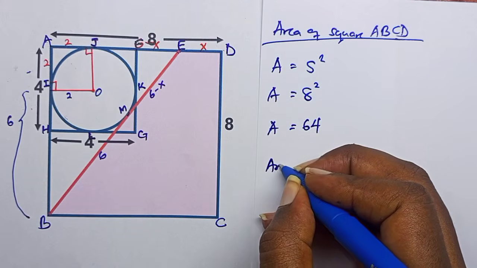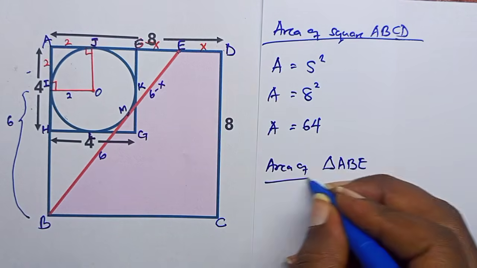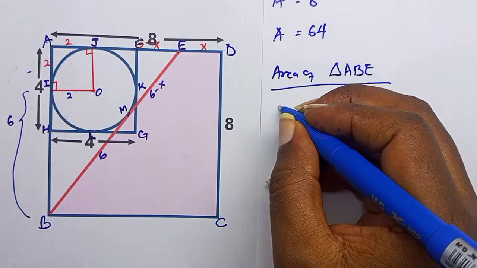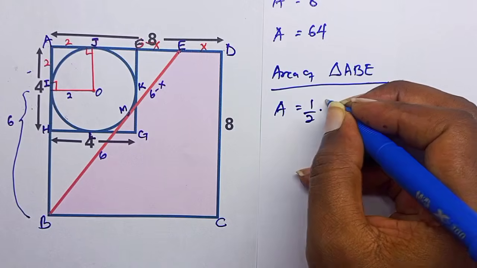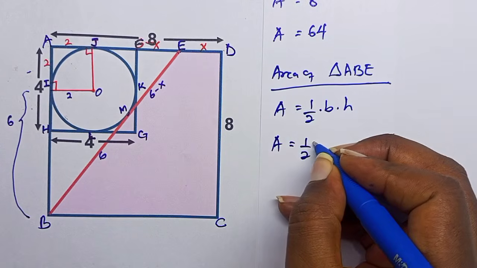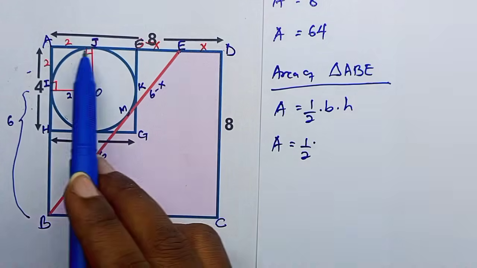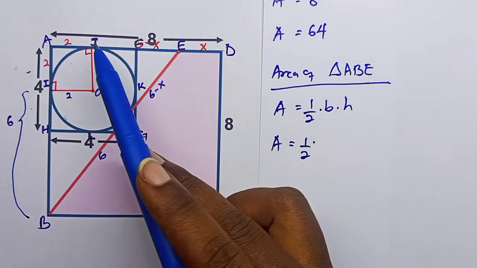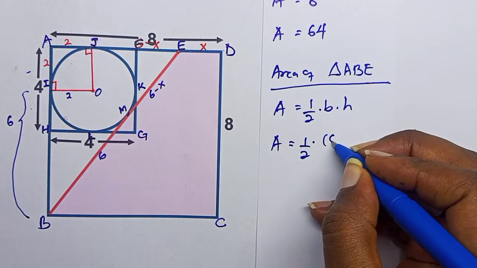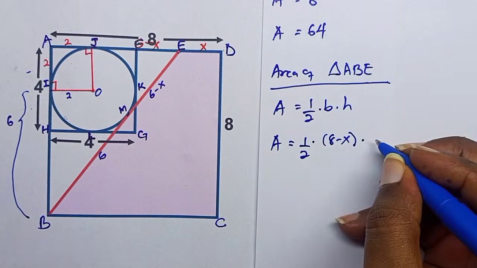Next, let's find area of triangle ABE. Okay, we know that area of a triangle is given by a half times base times height. So area will be equal to a half. The base of this triangle is 8 minus x, so 8 minus x, and the height is 8.